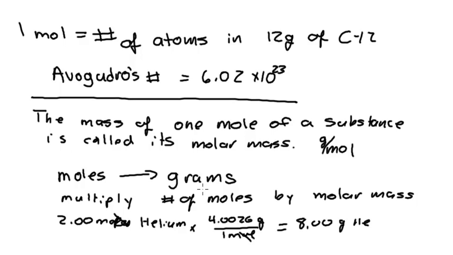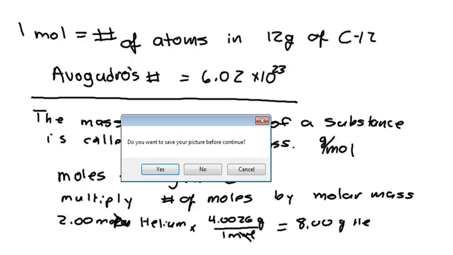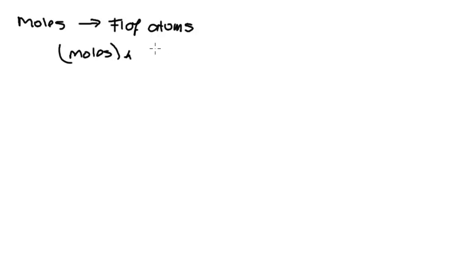If I have moles and I want to know how many atoms or how many molecules I have, to go from moles to number of atoms or molecules, you take your moles times Avogadro's number, 6.02 times 10 to the 23rd, and that's all you have to do.